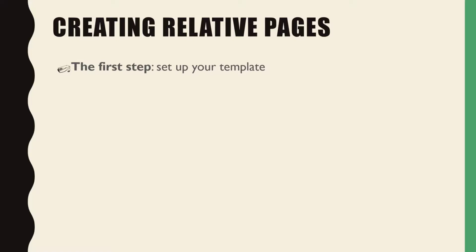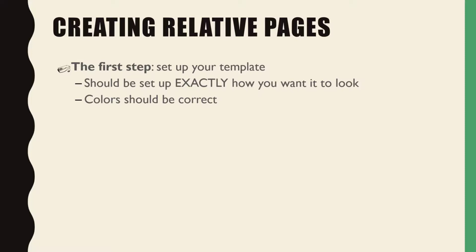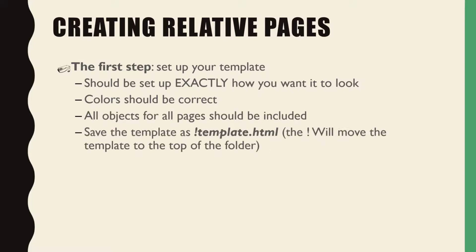The first step in creating your relative pages is to set up your template. The template should be set up exactly how you want it to look. Colors should be correct. All objects for all pages should be included. Links should be functional. And when you're done, you will save the template as !template.html.